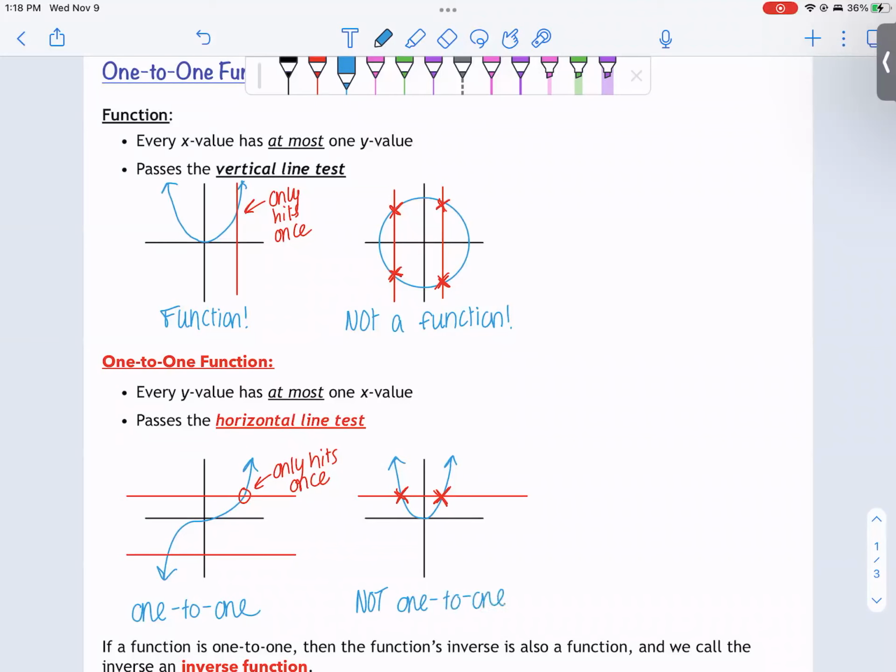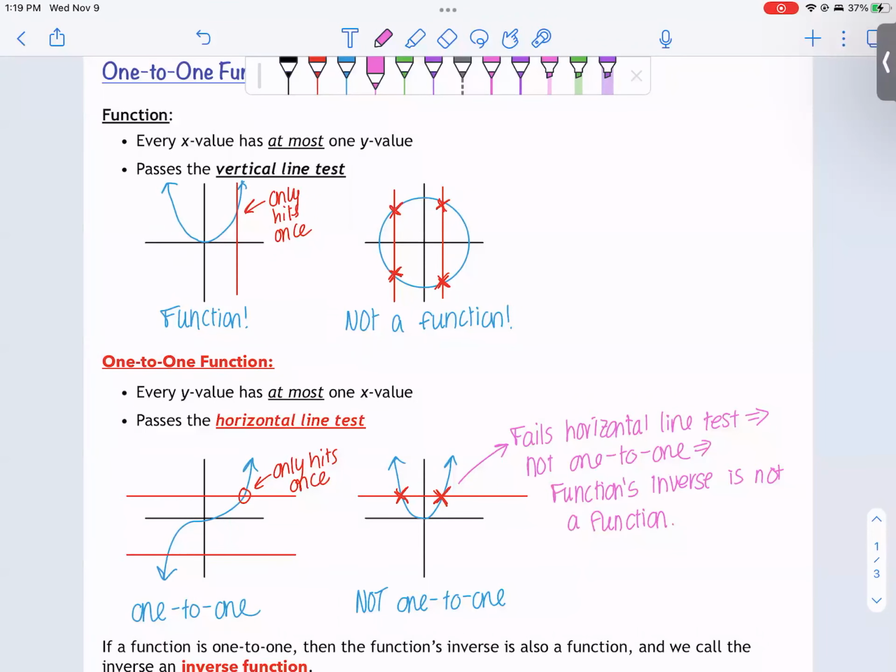And that means that the inverse of this function is not itself a function. So it fails the horizontal line test. That means that this function is not one-to-one, which means that its inverse is not a function.